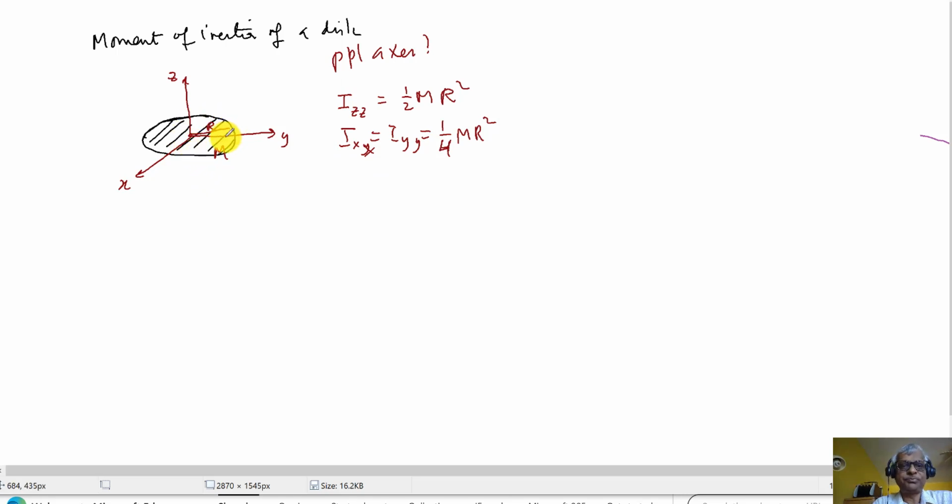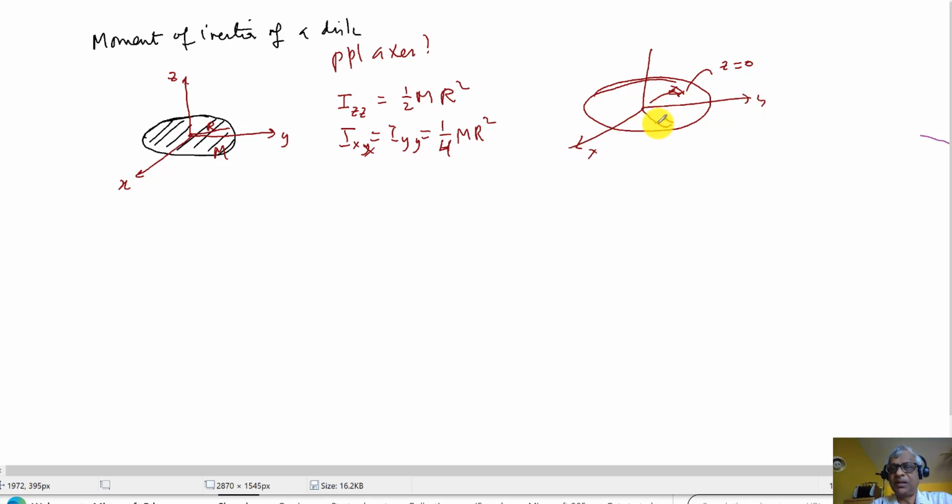Well, to do this, you can first notice that z equals 0 for every point. So you can take a little element here, and it will be better in polar coordinates, because this is the x and this is the y.